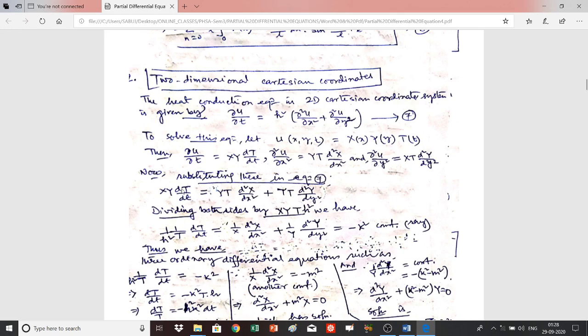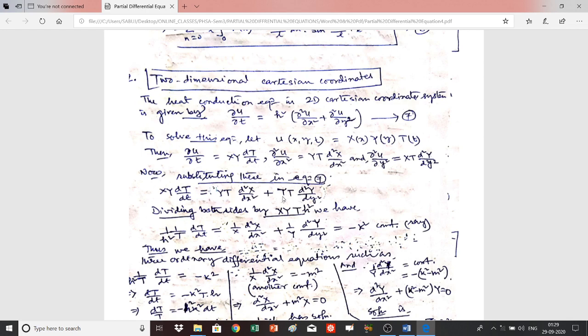We can obtain X Y dT by dt equal to Y T d2X by dx square plus X T d2Y by dy square.